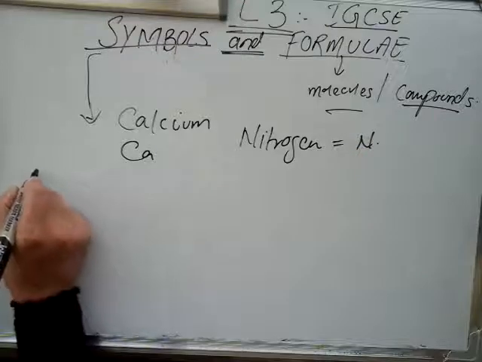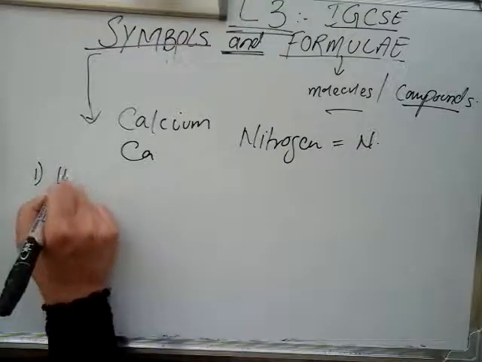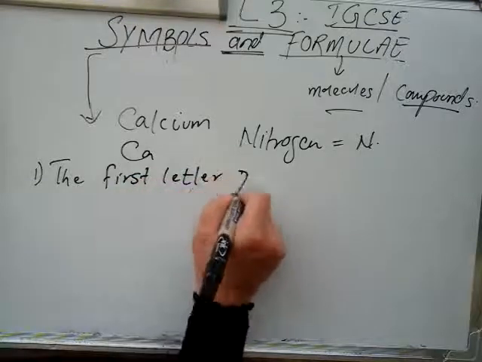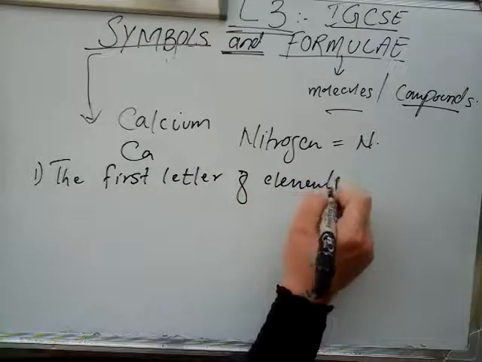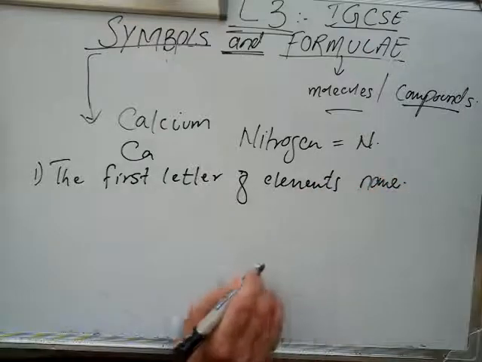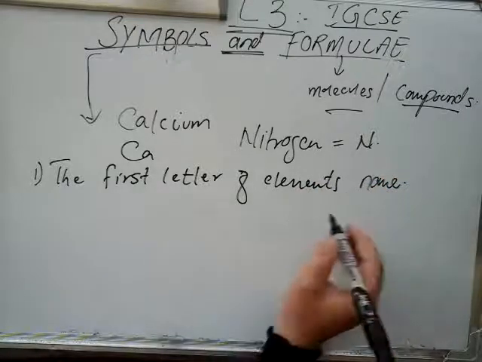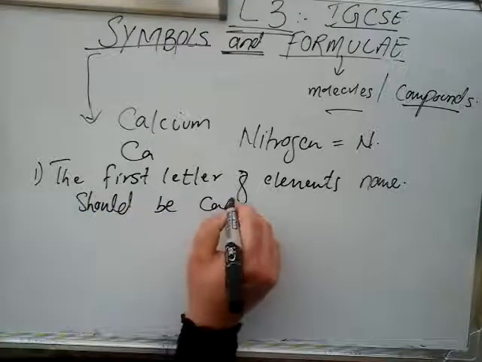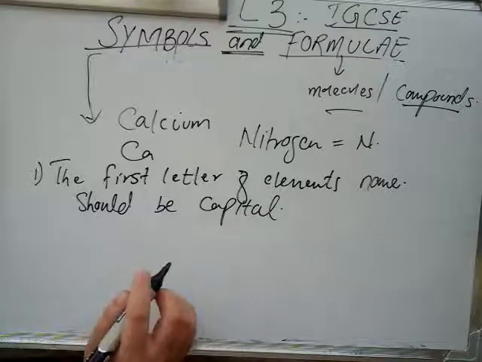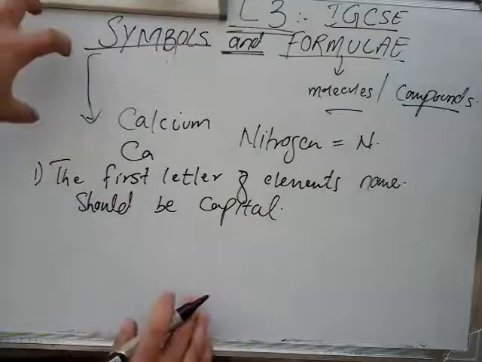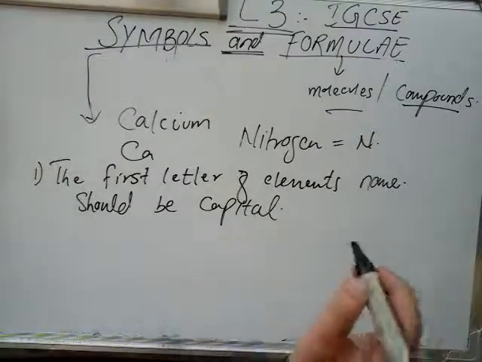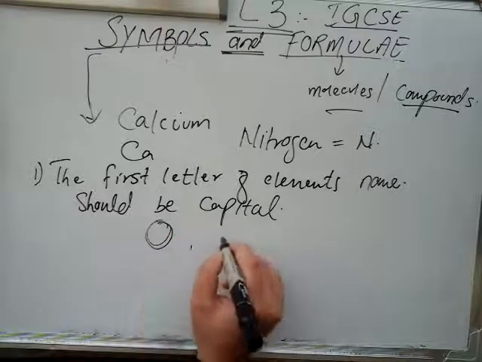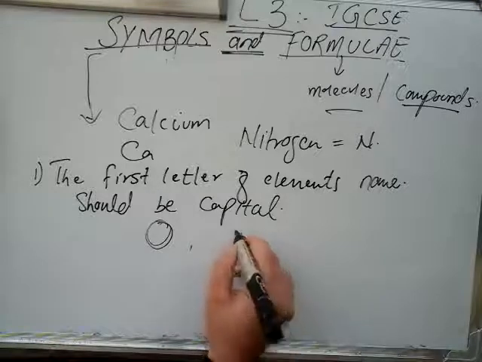So the first letter of the element's name is being used, and that first letter should be a capital. Keep in mind that whenever we are using the symbols of elements, we should use a capital letter. For example, oxygen, capital O. Let's suppose sulfur, S.